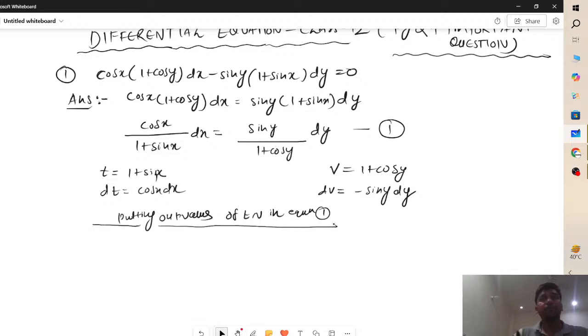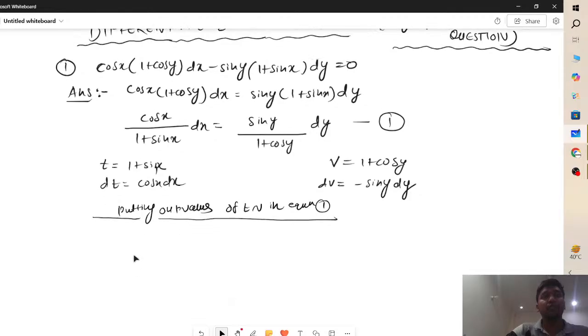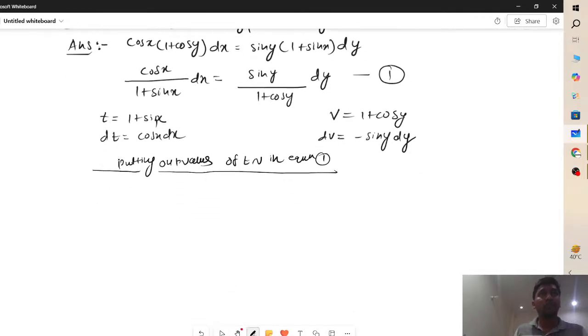What do we get? Can anyone proceed further? So we get 1/t, because in place of 1 plus sin x we are writing t, and for cos x dx we are writing dt, equals 1/v, for 1 plus cos y we are writing v, and further we are writing dv.